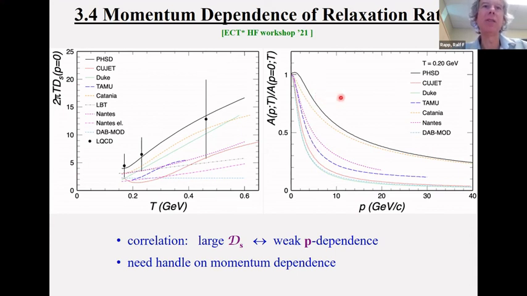But yes, if you have precision data, and your newest ones are a big step in that direction, that should really provide strong constraints beyond saying, my model or somebody else's model describes the data or not, right? I think that's the way to go, the way you did it in that paper.